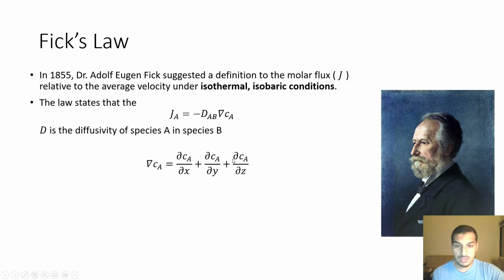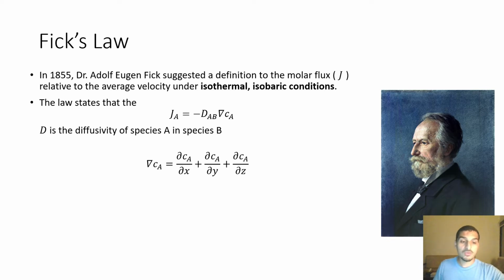These are the three components of the concentration gradient: one in the x direction, one in the y direction, and one in the z direction. We have three independent variables, so the concentration depends on x, y, and z, and that's why these are partial differential equations, because more than one parameter affects the concentration.